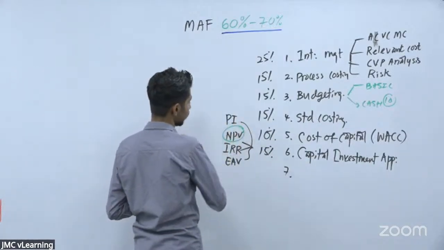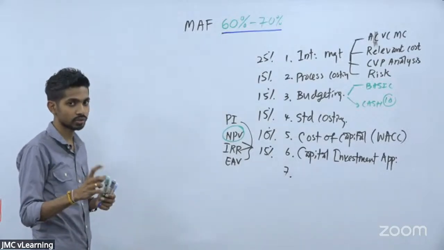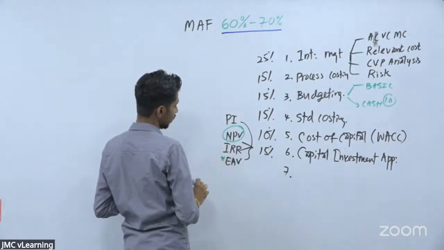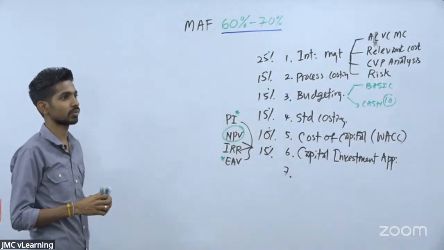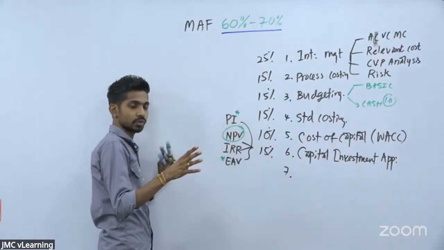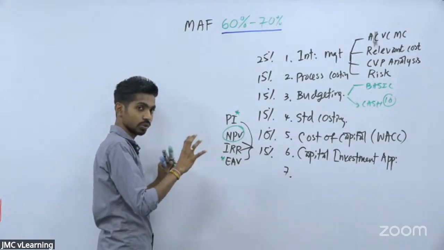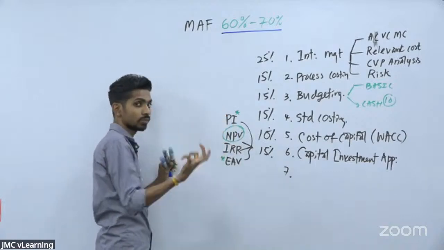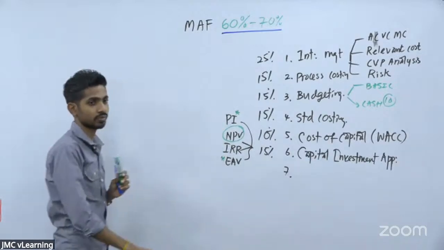Significantly, NPV is the topic. This time also we expect an NPV question, but keep in mind that sometimes EAV or profitability index may appear. I don't know what will happen, but definitely an NPV question should be there, because this topic has 15 percent. Sometimes 10 marks will arrive for NPV, and the balance will come from the other areas I highlighted.